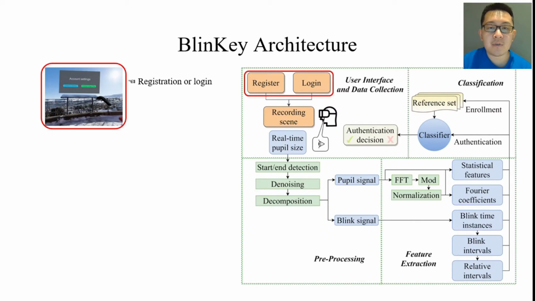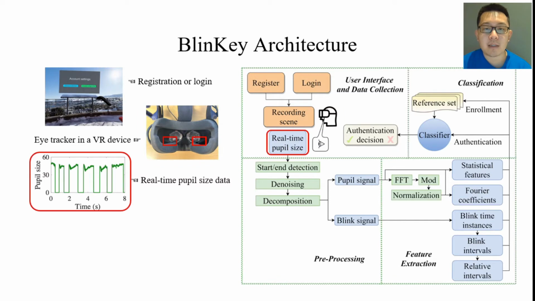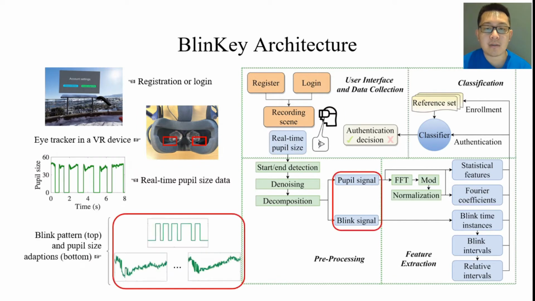Blinkey consists of two phases, a registration phase and a login phase. In each phase, the eye tracker collects the user's pupil data, including a blink pattern signal and pupil size adaptation signals. The former one is customized by users, and the latter are based on their biological information.